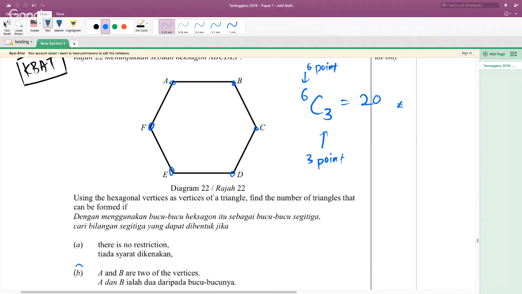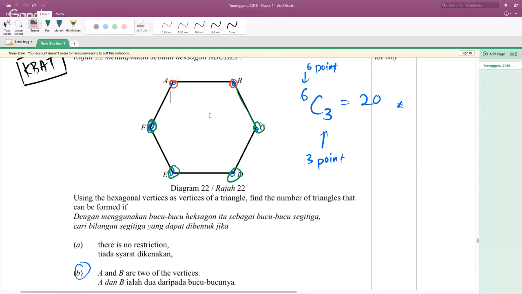Okay, then the second part. A and B are two vertices. So that means now the triangle is already fixed: two of the vertices must be A and B. So that means another vertex for your triangle can be either F, E, D, or C. If it goes to D, then your triangle will look like this. If it goes to C, then your triangle will look like this.